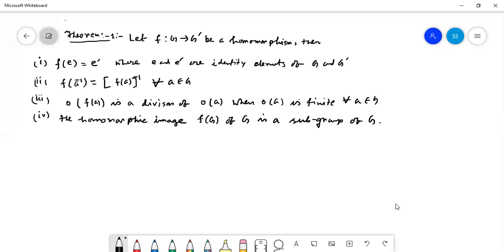Here f such that G to G dash is a homomorphism. What is the definition of homomorphism?